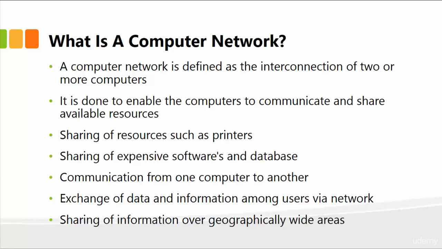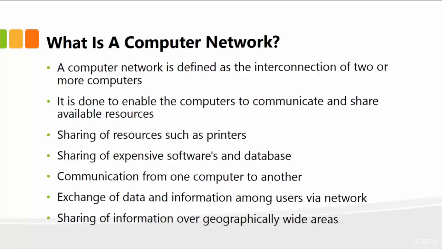Sharing of information over geographically wide areas. So it doesn't really matter where the person is, whether the person resides in New York or San Francisco, from one city to another city, it doesn't really matter, or even from one country to another country. So all of these definitions essentially make up what we call today a computer network.